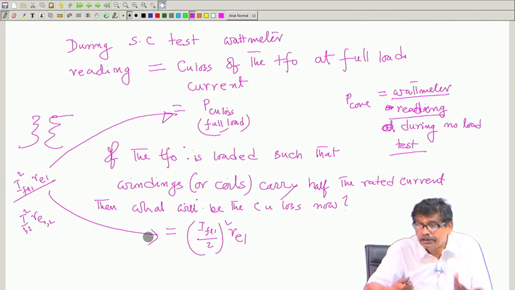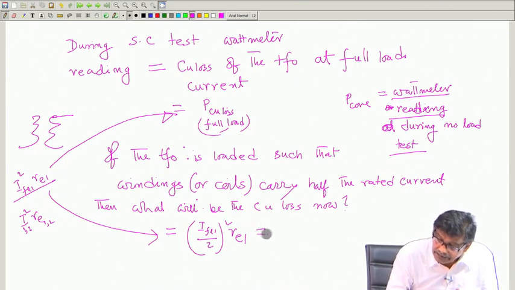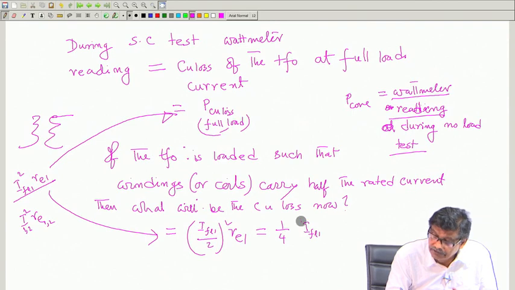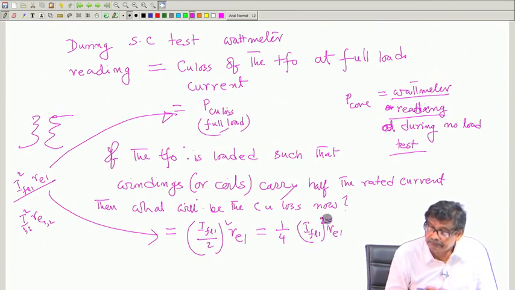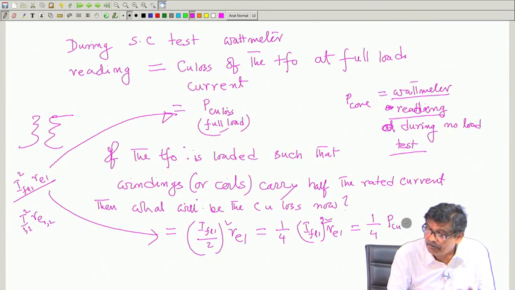So, I squared into R_e1 will be the total copper loss, that is, it will become 1/4 into I_FL1 squared into R_e1, which is nothing but 1/4 into P copper loss at full load.